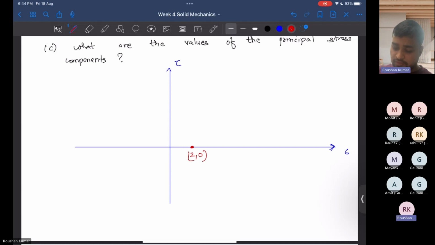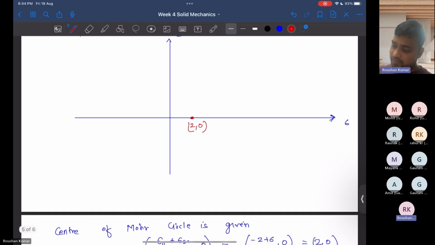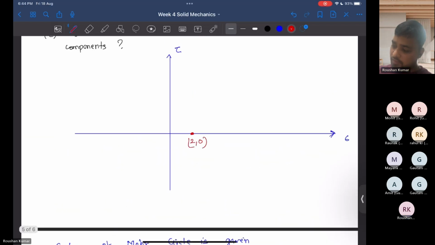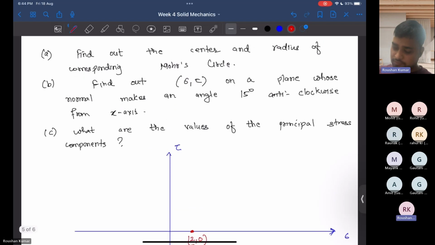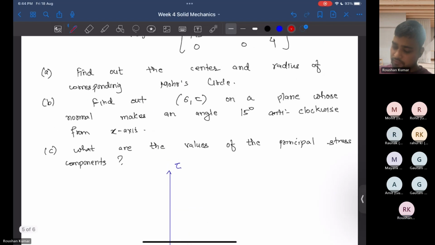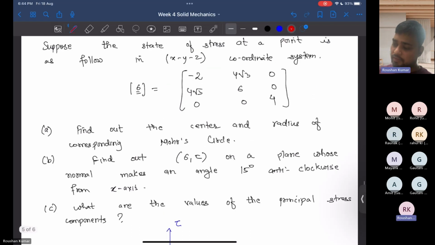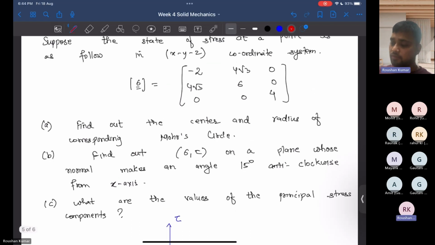The next question is the radius of the Mohr circle. We know the center of the Mohr circle. We also know the corresponding values of normal and shear stress on the x plane, that is -2 comma 4 root 3.